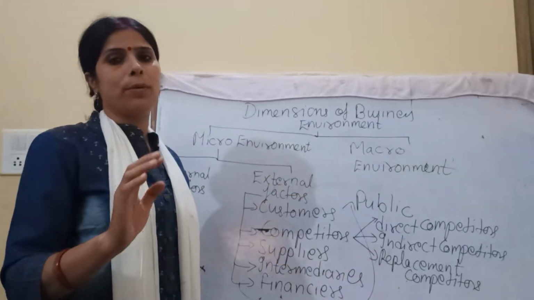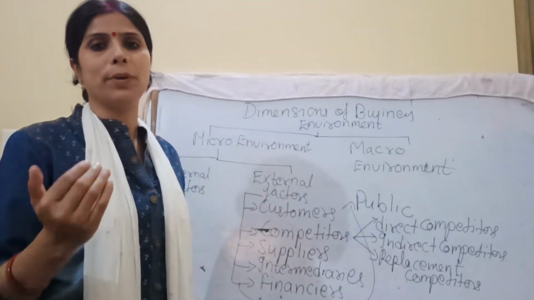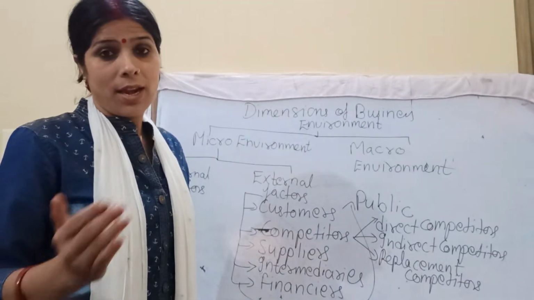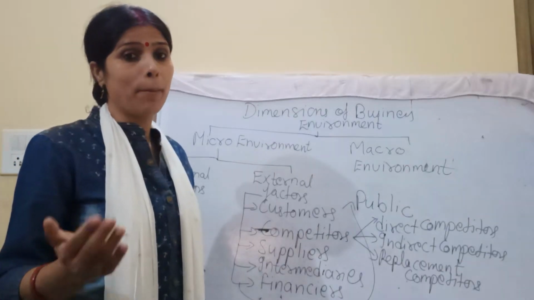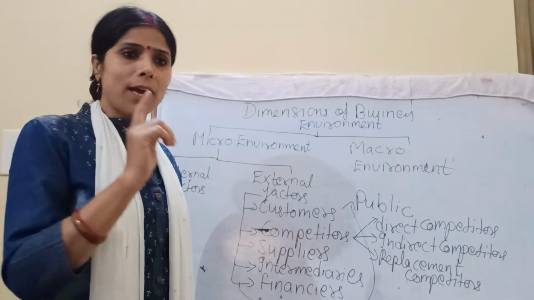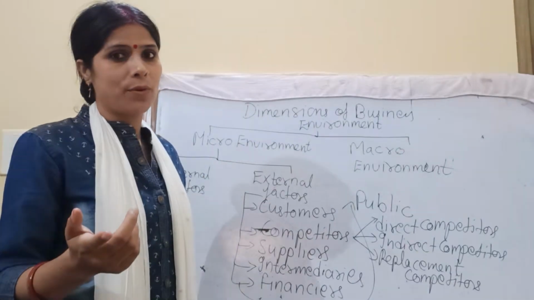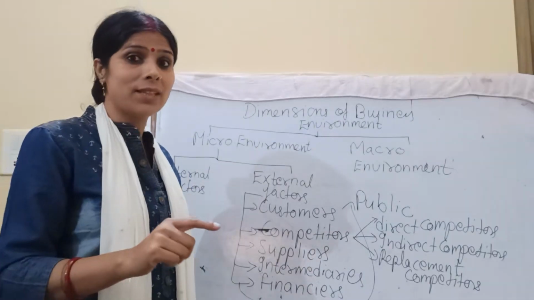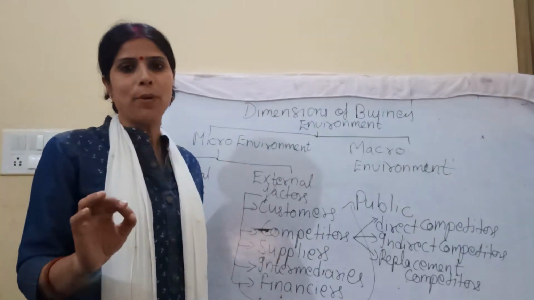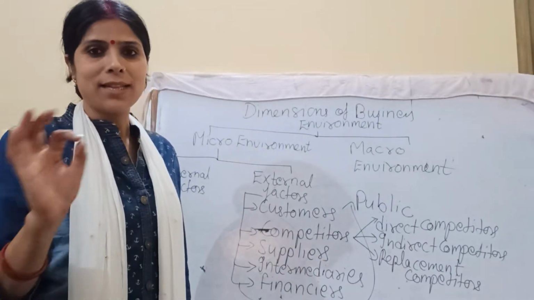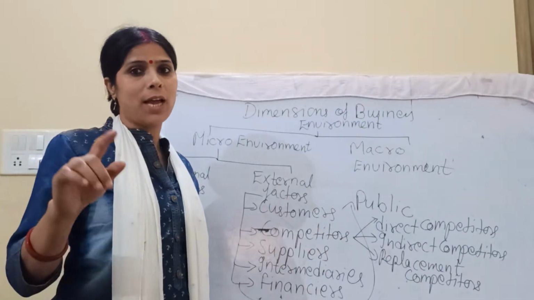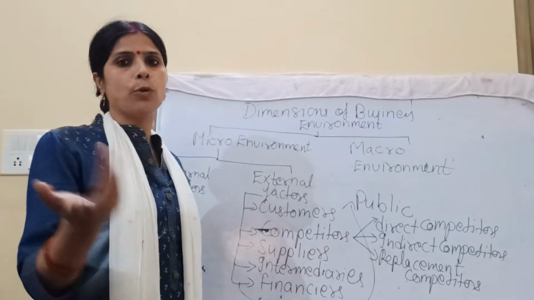Now, indirect competition is between indirect competitors. There is no direct competition with them, but still they are under the same category. They are not selling or producing the same product, but they are targeting the same customers. You can take the example of Pizza Hut and Sing Burger. Pizza Hut provides pizza and Sing Burger provides burger. You may ask how they can be in competition.